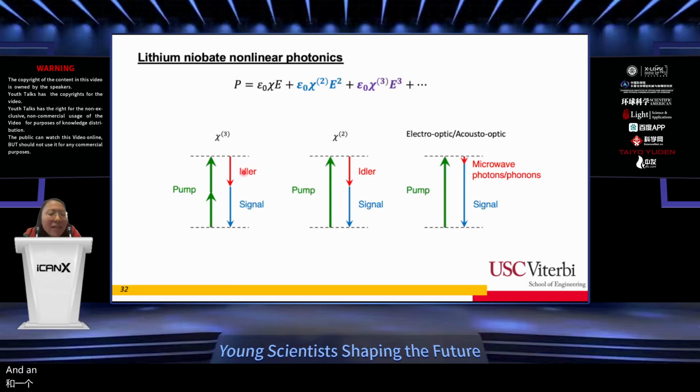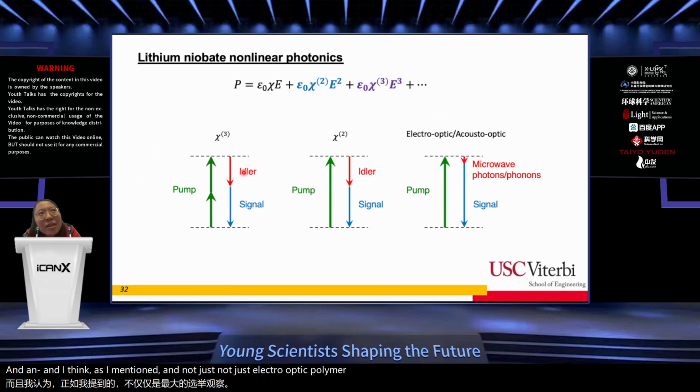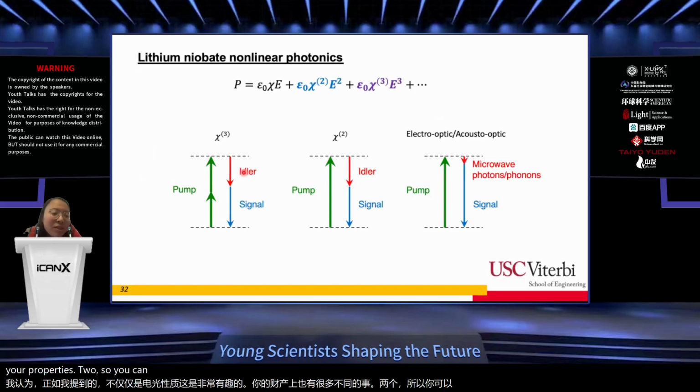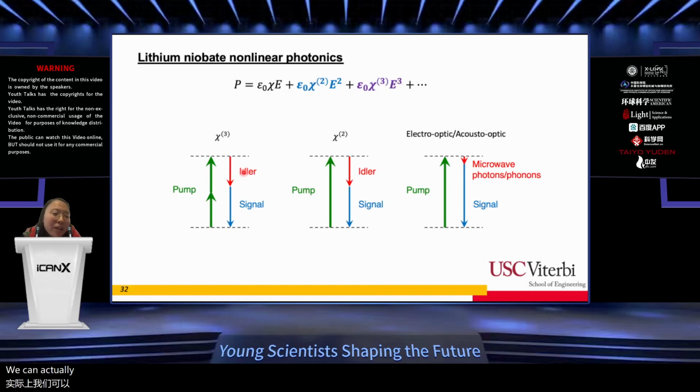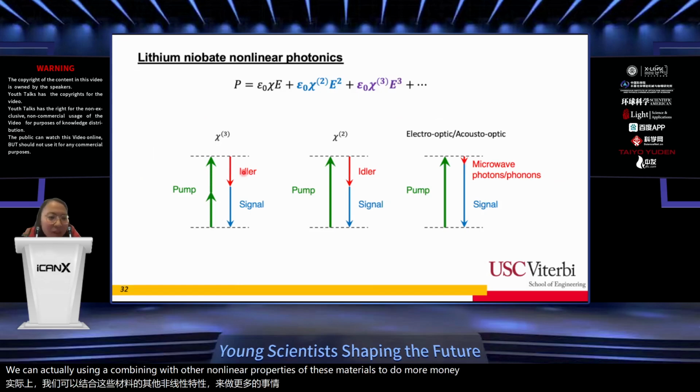And I think, as I mentioned, not just the electro-optic property is very intriguing in this material. This material also has many different nonlinear properties too. So you can start to think we can combine it with other nonlinear properties of these materials to do more manipulation.